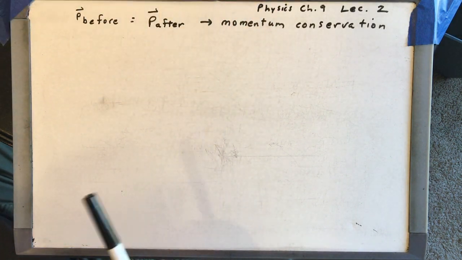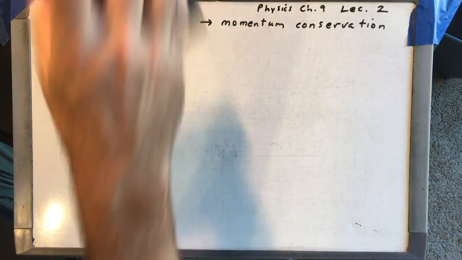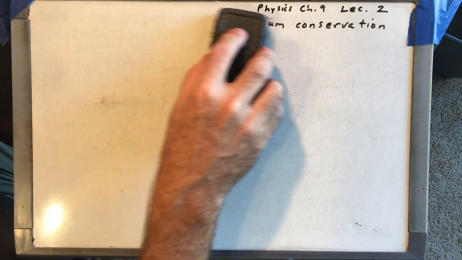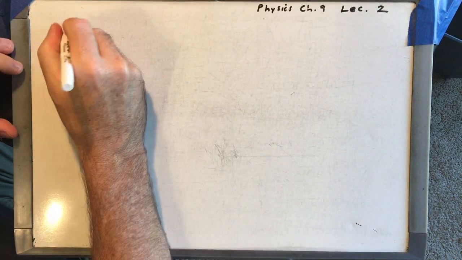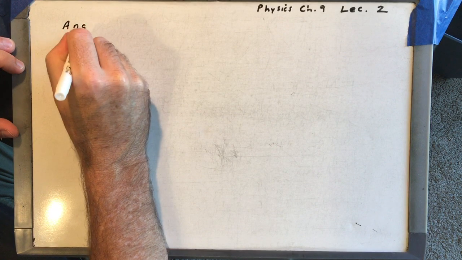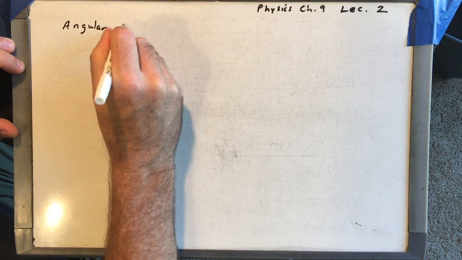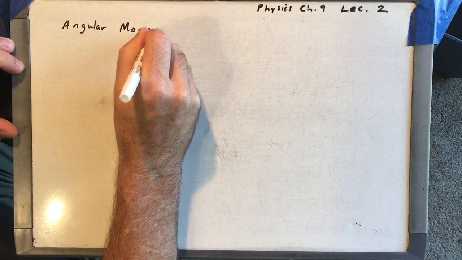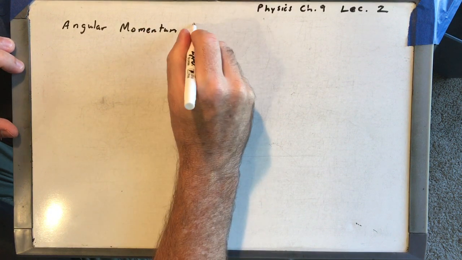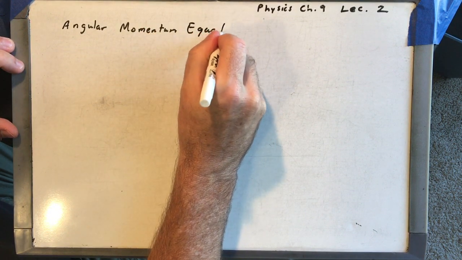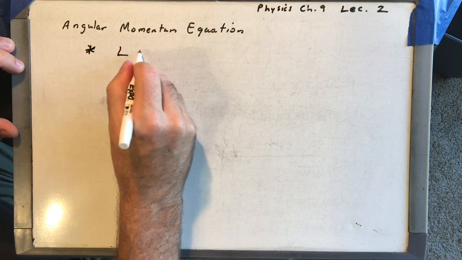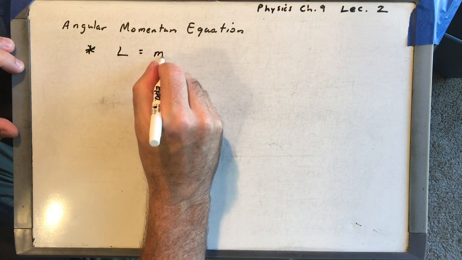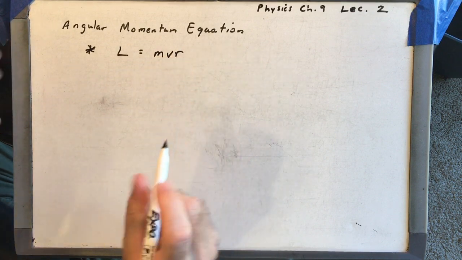So the angular momentum formula, this is one you're going to have to memorize. All right, that is L. L stands for angular momentum. It's mass times velocity times radius.